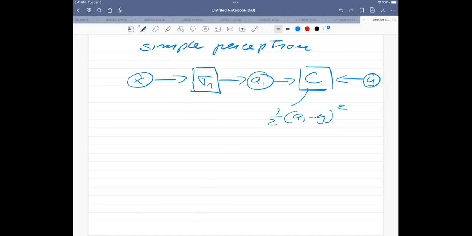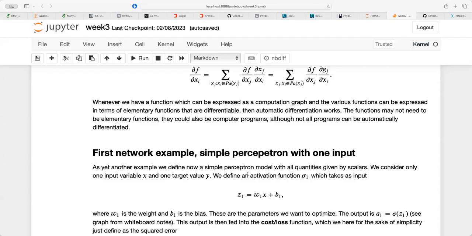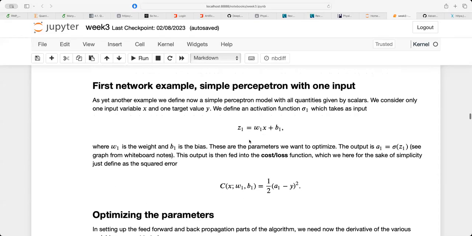So if we now look at the usage of automatic differentiation, what we end up having to do, if we now look at this example, in this case, we have an input, which is z1, which is given by these two unknown quantities.